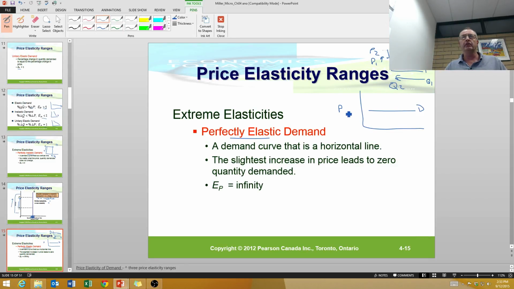In our perfectly elastic case, if you increase the price by even 1 penny, the quantity demanded in theory drops to 0. And why is that? It's because the product has many substitutes.